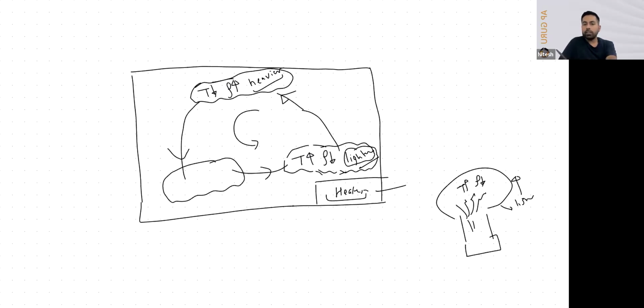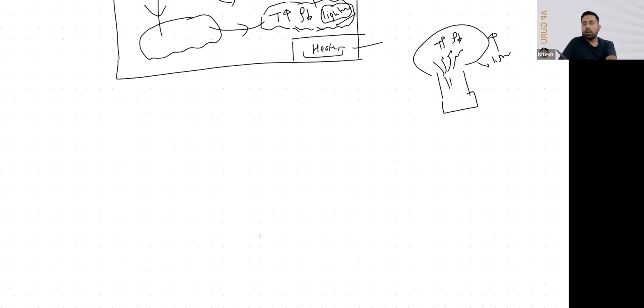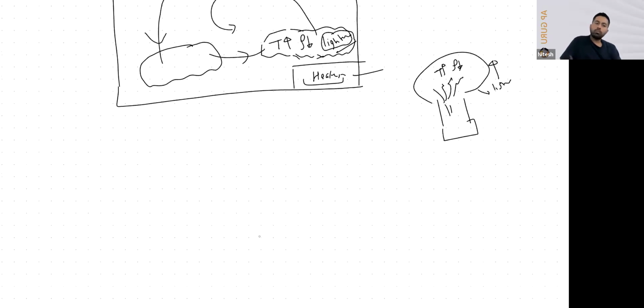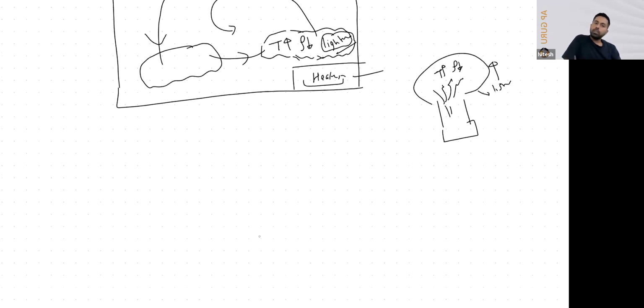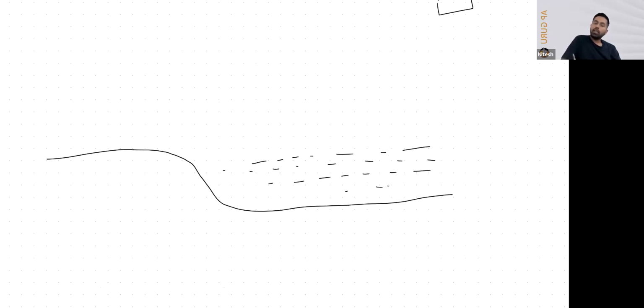Another example I can give you for convection is, let's say, this is a beach, some coastal area. This is some river or sea water on one side. So there is a sea over here, and this is the land.